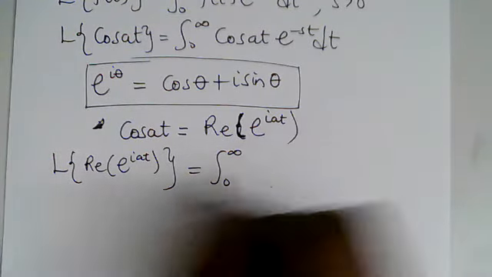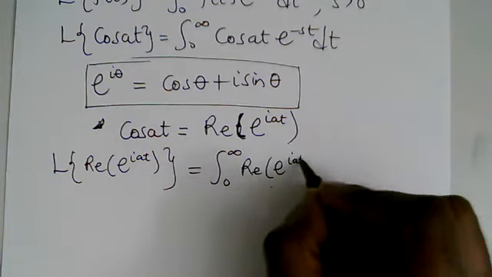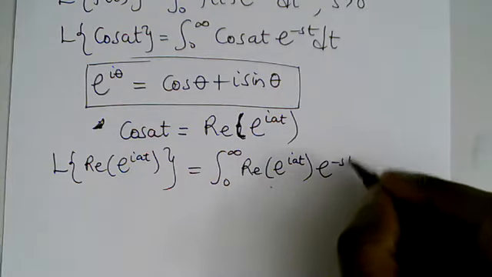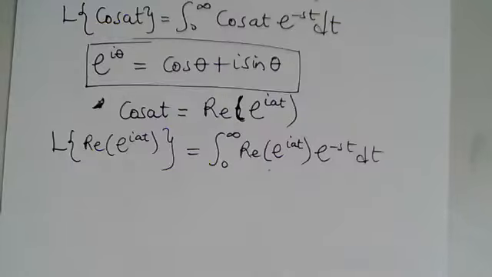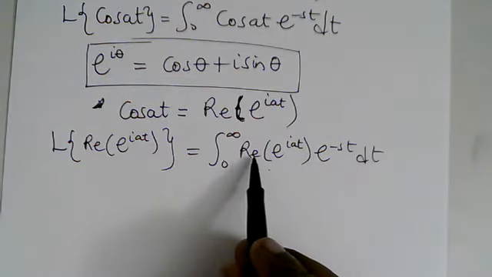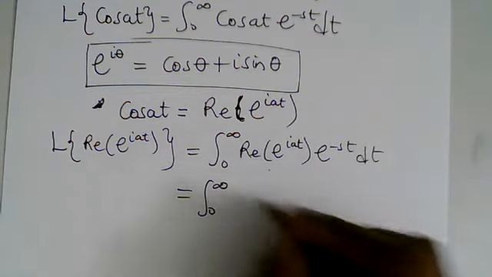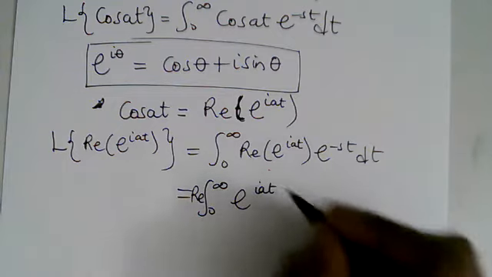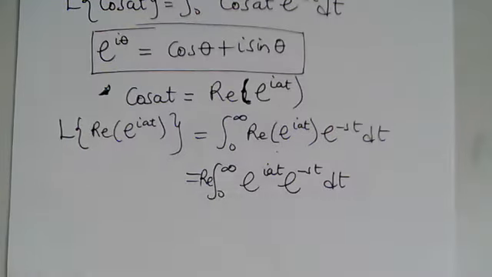So over here, my f of t is now the real part of this, times e to the minus st dt. The real part has no use inside the integral, so I can bring it out of the integral sign and then have e to the i at times e to the power minus st dt.